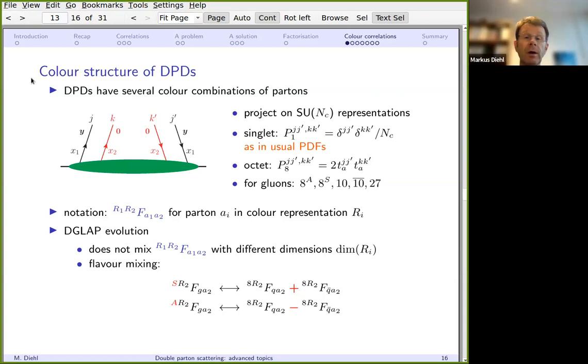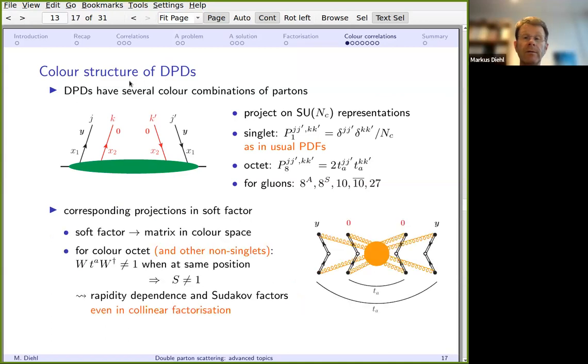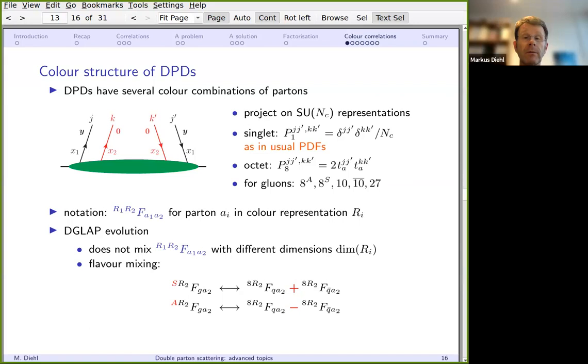But you can also couple this to an octet. Technically, you do that by multiplying these two color indices here, sorry, not with the Kronecker delta in the colors, but with one of the generators of the color group.